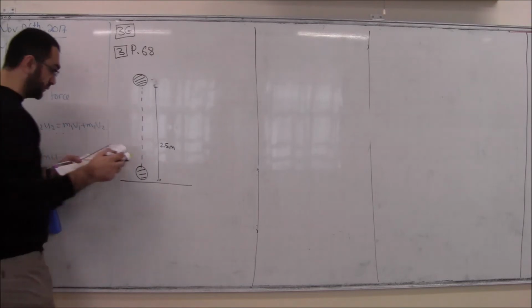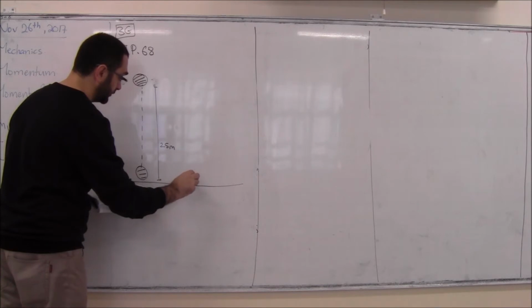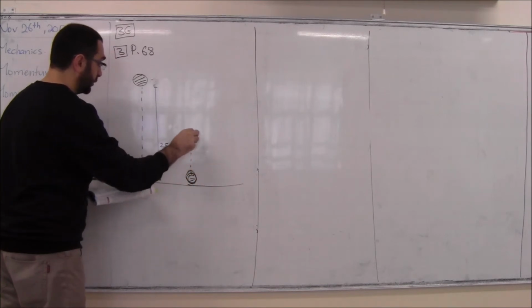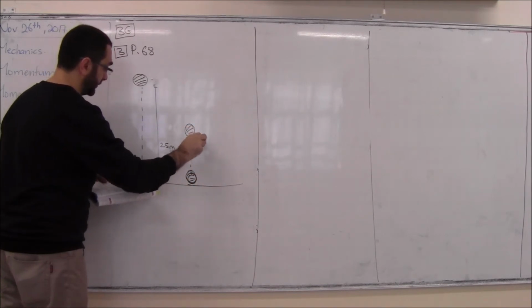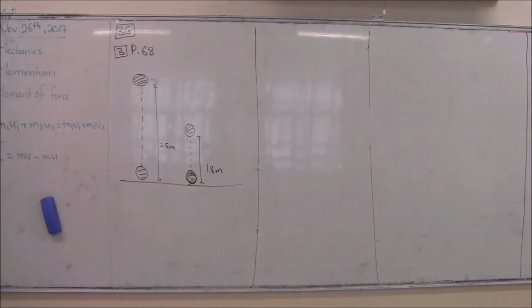After hitting the ground, it rises to a height of 1.8 meters. Find the magnitude of the impulse received by the ball from the ground.